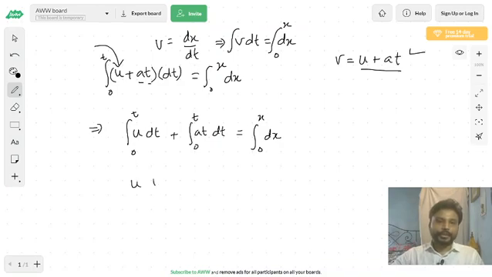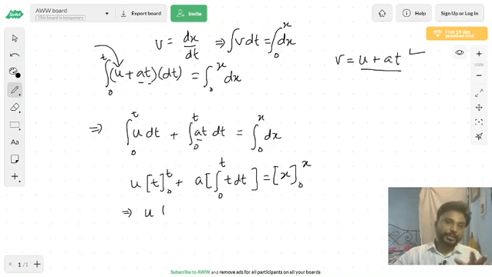The integration of dt becomes t, with limits 0 to t, plus a comes outside, and this is integral t dt. The acceleration a is a constant, so it came outside, and the integration of dx becomes x, lower limit 0, upper limit x.